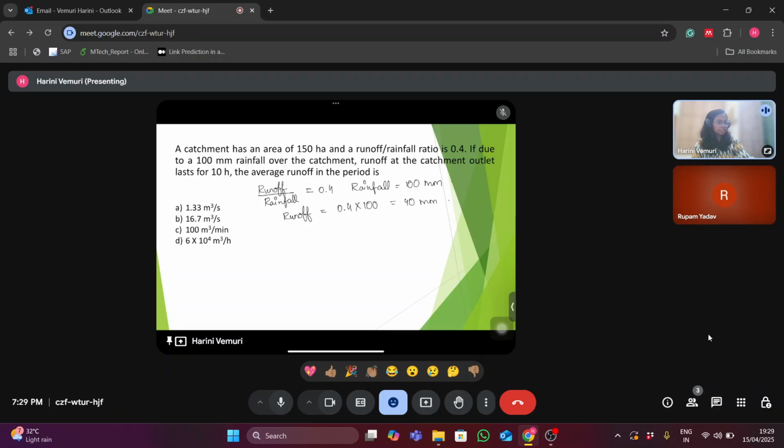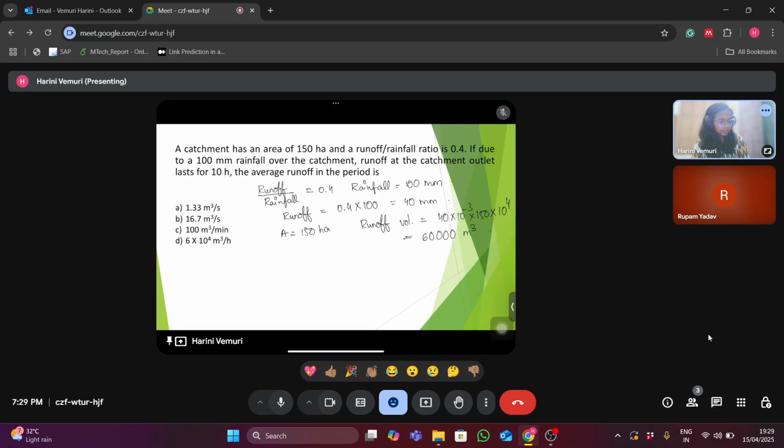And the area of the catchment is 150 hectares, right? So the runoff volume is equal to 40 into 10 power minus 3 to convert it into meters, and the area. Since it is in hectares, you have to multiply with 10 power 4 to convert into meter square.